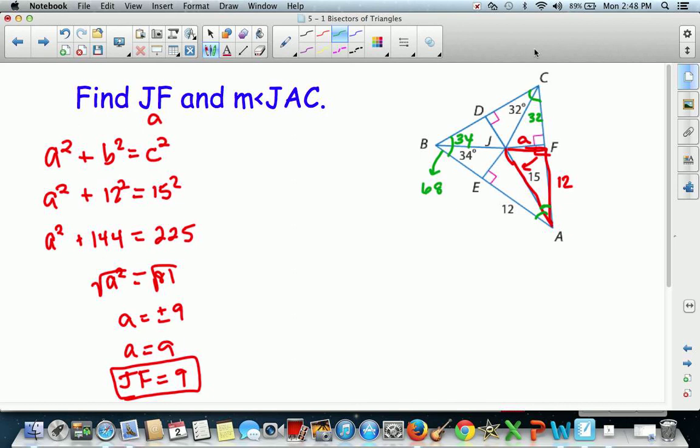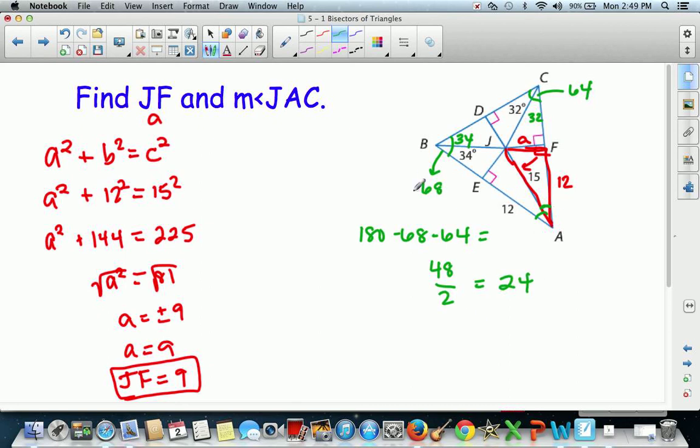And we know this angle is going to be 64. We don't know what angle A is going to be, so we can take 180 minus 68 minus 64 to find it. And when we do so, we get 48. And since JA is an angle bisector, 48 can be divided by 2 and we get 24. So that's how I did that.